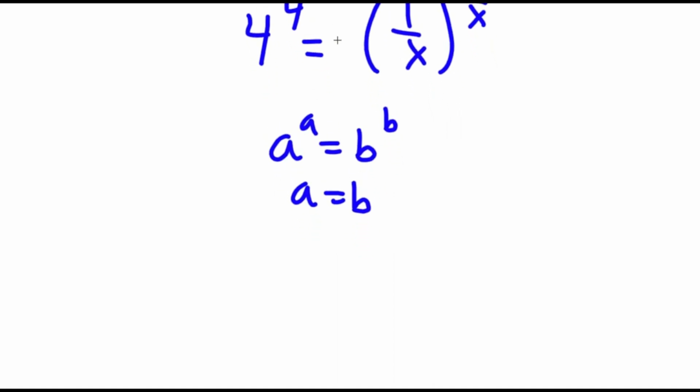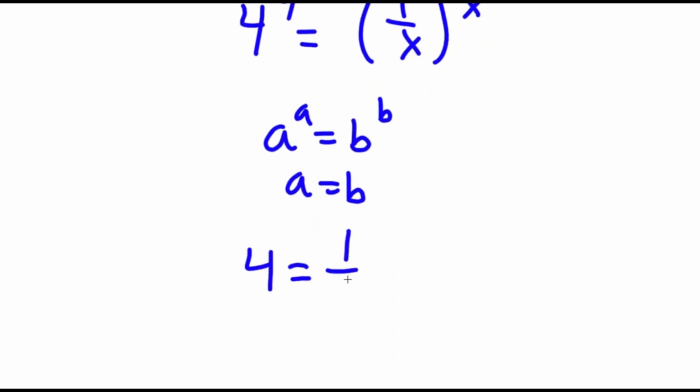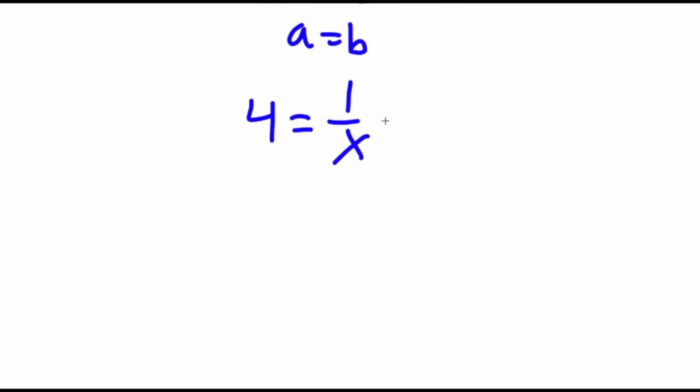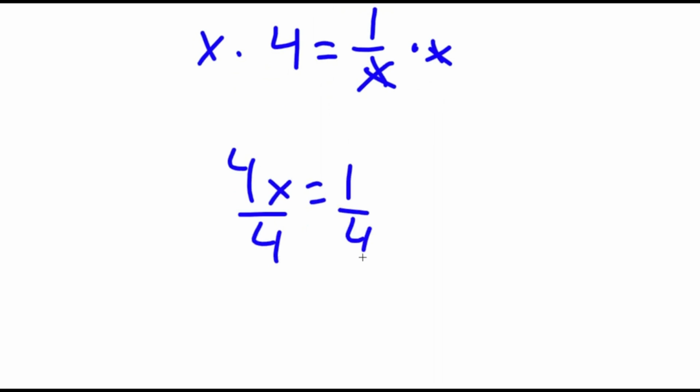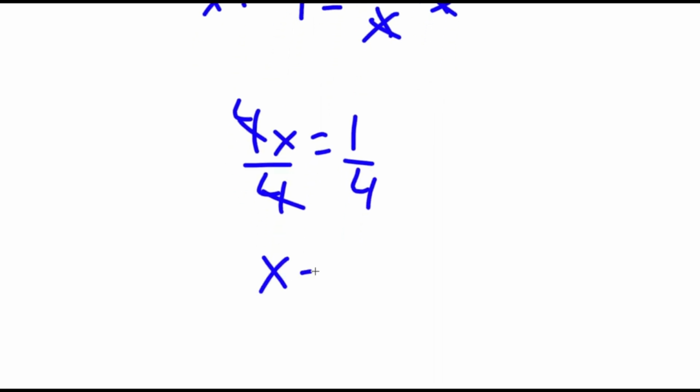So, in this case, 4 is equal to 1 over x. Now, if I multiply both sides by x, these two cancel out, and I get 4x is equal to 1. Now, if I divide both sides by 4, I get x is equal to 1 over 4.